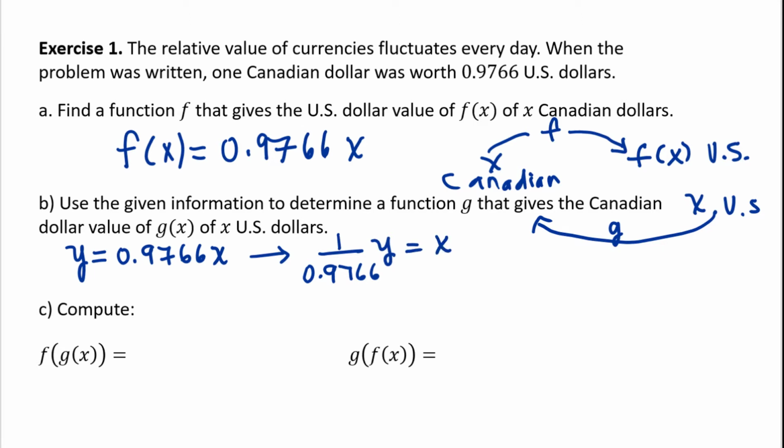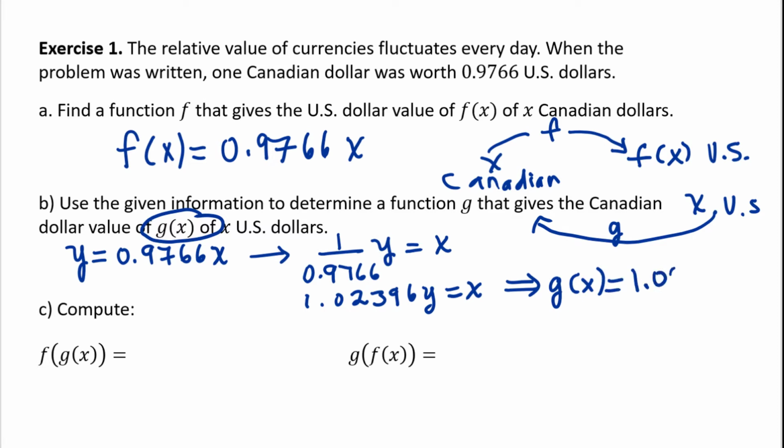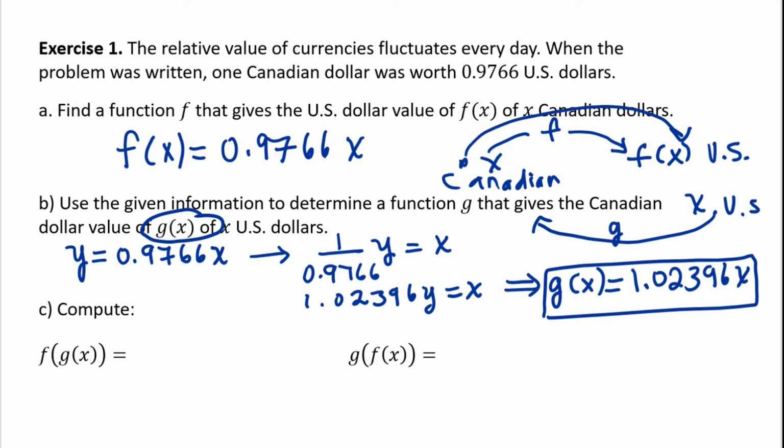This time I used a calculator and performed 1 over 0.9766, and that gave me the value of 1.02396y equals x, except the problem said write it in terms of g of x. So we would write this as g of x equals 1.02396x. So these are our exchanges from Canada to US, and then from US dollars back to Canada.